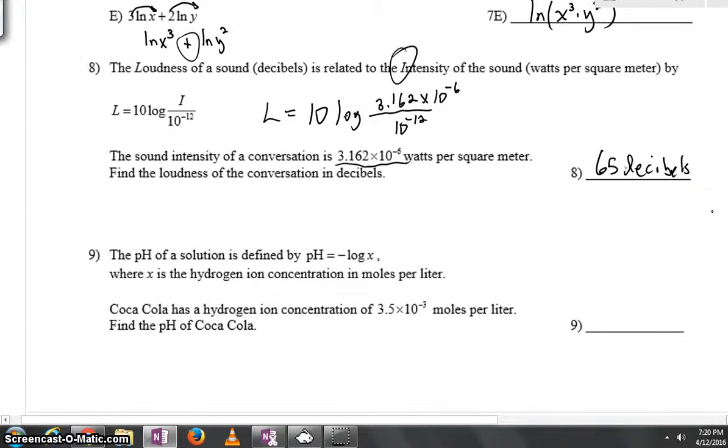Finally, on this page, we have a pH, the power of hydrogen. In chemistry, it's simply the negative of the log of the hydrogen ion concentration. So the pH for Coca-Cola will be the negative log of 3.5 times 10 to the negative third.